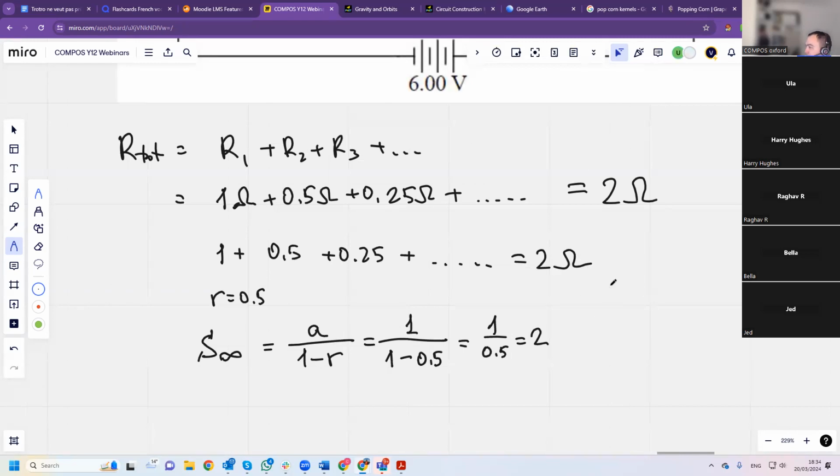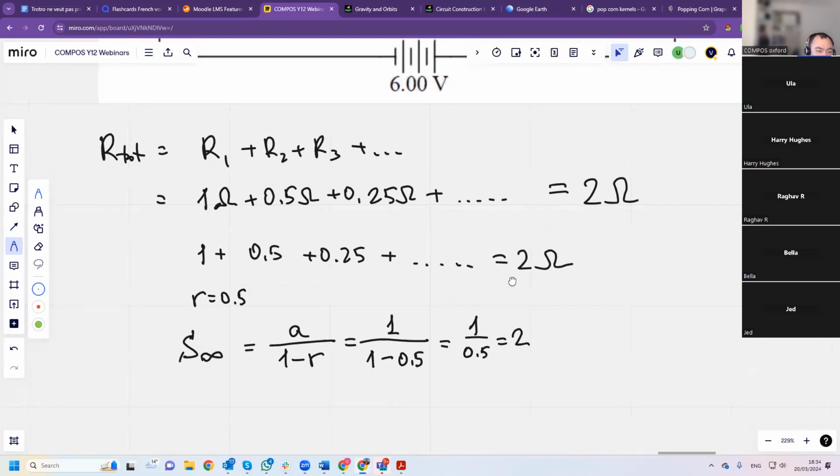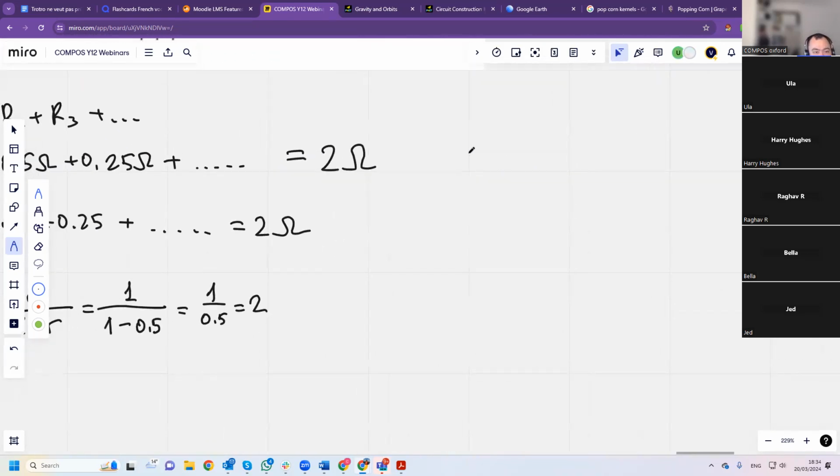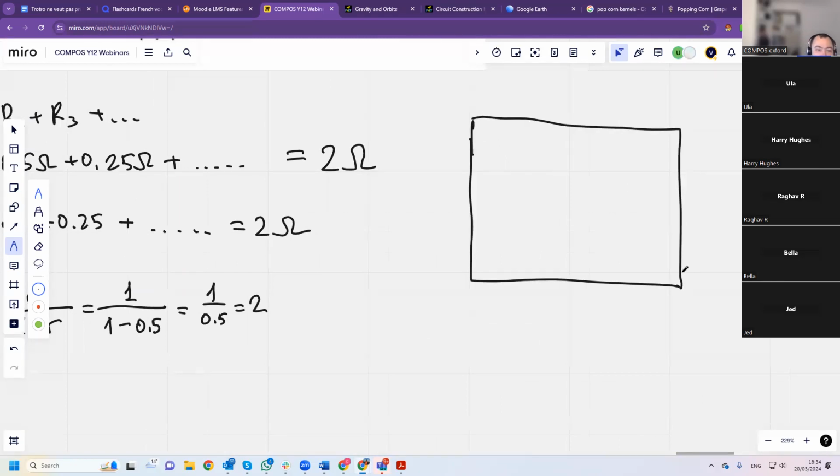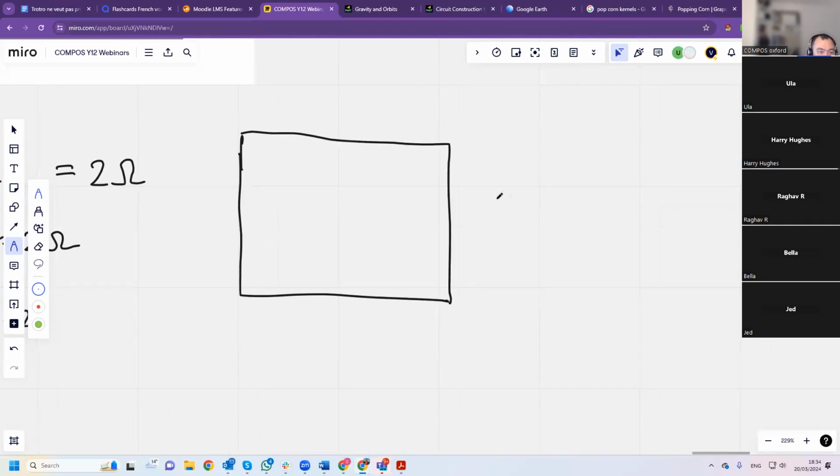Does that explain, Julian? Yes. Another explanation is graphical, and I really like the graphical explanation. Imagine you have a square of side 1. It's a 1 by 1 square, so the area is 1.